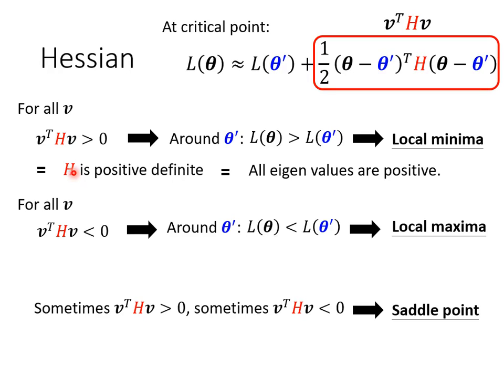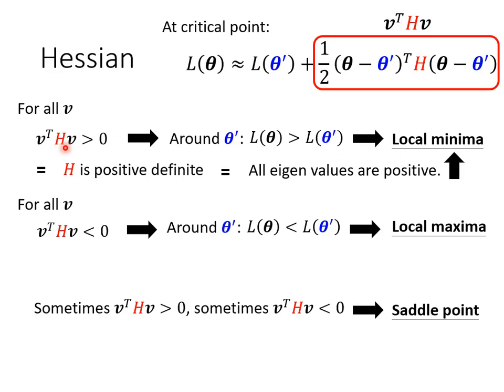So if you have calculated the Hessian, you don't need to multiply it by all possible V. You just have to take a look at the eigenvalues of this H. If you find that all its eigenvalues are positive, it means that this condition is always true. The result of V transpose multiplied by H and V will be greater than 0, which also means it is a local minimum.